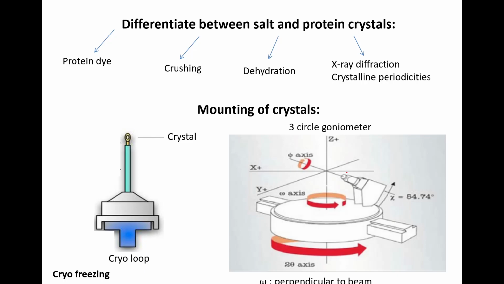You may also get crystals of your salt, right? Then how do we separate whether this is a protein crystal or a salt crystal? Because this crystallization process is very time consuming as well as money taking, right? If you take a salt crystal and try to get an X-ray diffraction pattern, you are wasting money and your time.